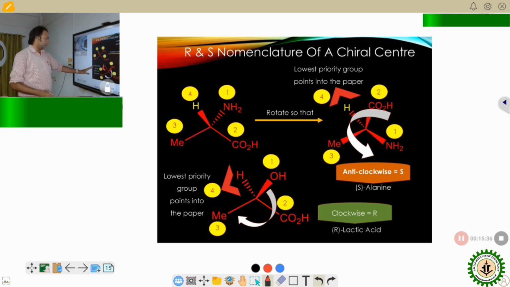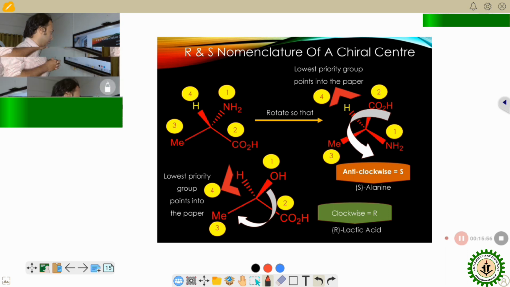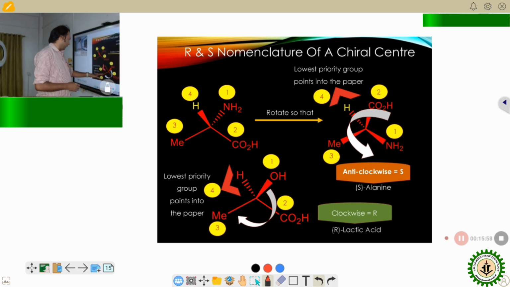So we see we don't have to do anything, we don't have to rotate because the lowest priority group already points into the paper. So now we again draw a mental picture of how the rotation is occurring. From 1, 2, 3, we see it is rotating this way. So that is clockwise, right? So it should be designated as R. So clockwise is R, and the name of this compound is R-lactic acid.